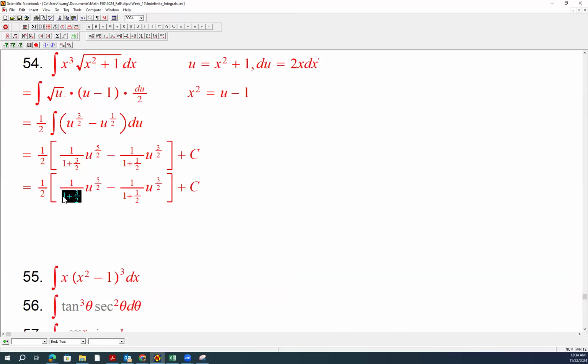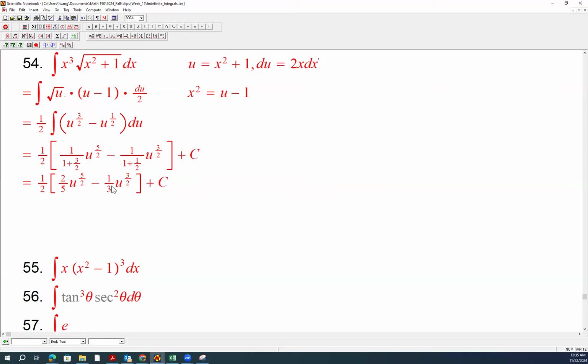So this is a 5 under 2, and this is 3 under 2. If we multiply the half inside, it will be gone.